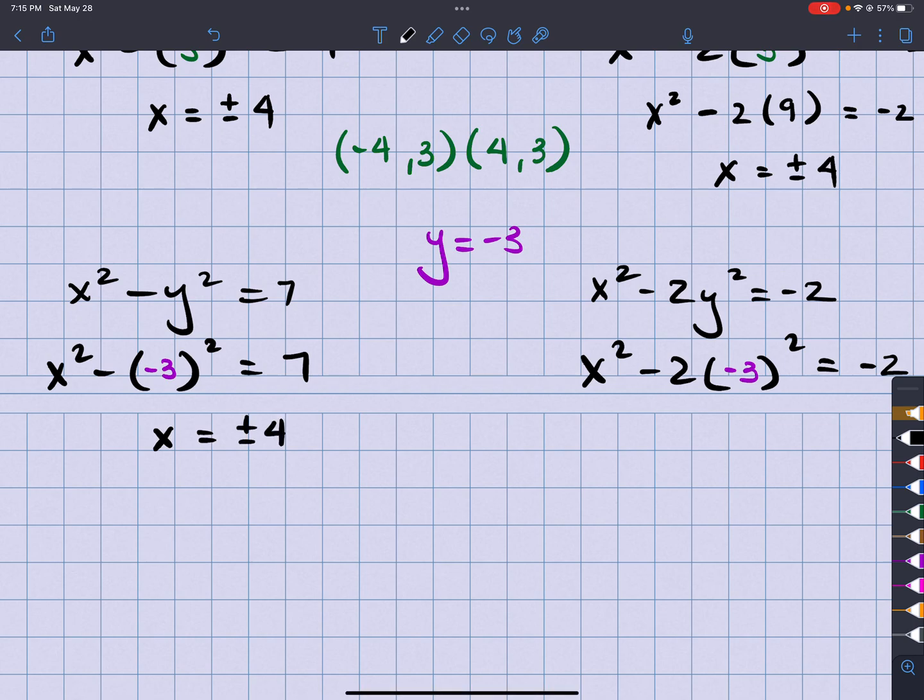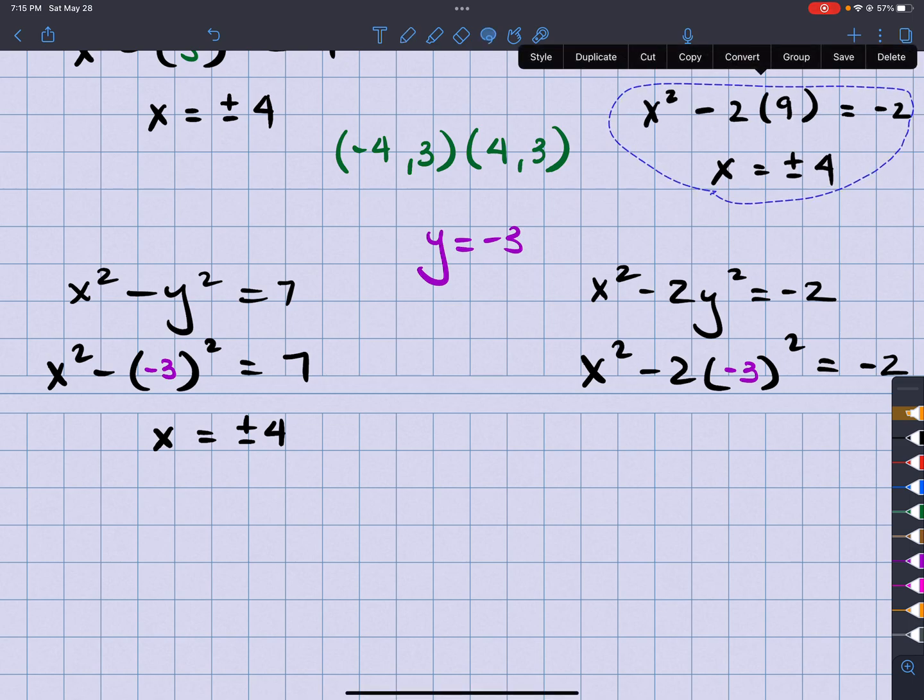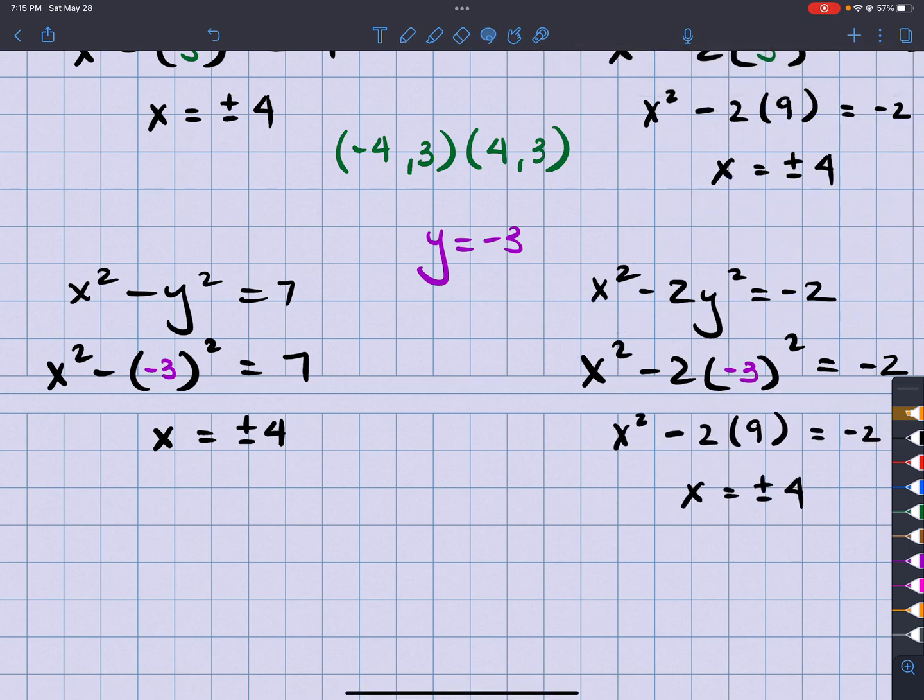And on the right, I'm going to get the same thing as this right here, if you notice. So I'm going to get plus and minus 4, so they agree. So now, this is going to give me 2 points as well: negative 4, negative 3, and positive 4, negative 3.